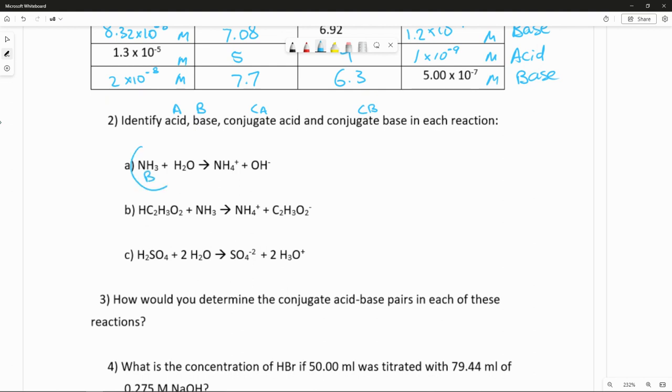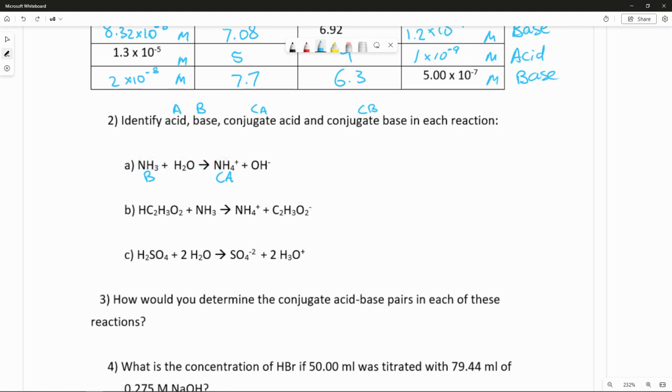And since NH3 is a base on the left-hand side, the reactant side of the arrow, NH4 on the right-hand side, the product side, is going to be a conjugate acid, meaning that when you reverse this reaction, going in the leftward direction, the NH4 acts as an acid that gives away its hydrogen to the water, making it NH3.